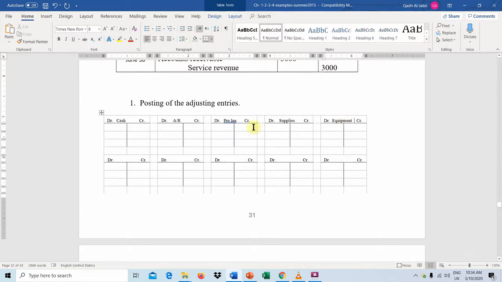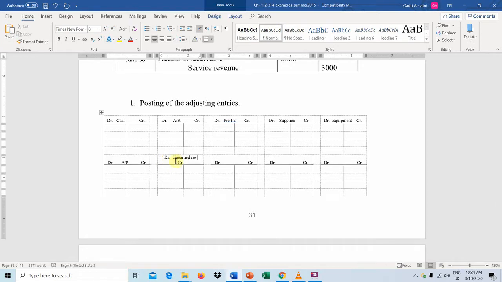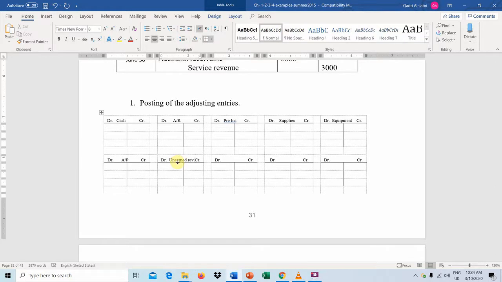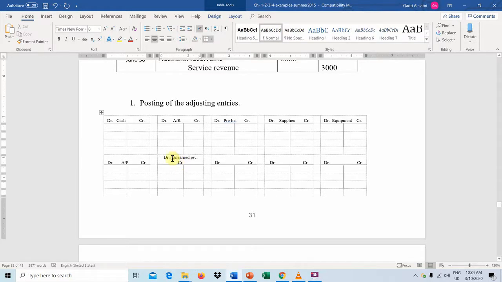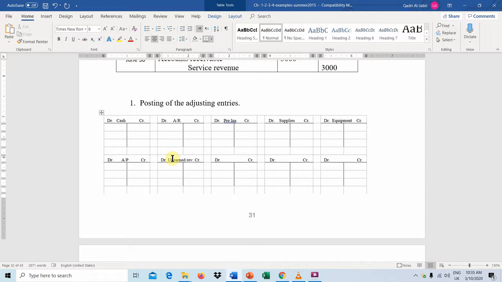And the next one called accounts payable. The next one called unearned revenue. The next one capital.